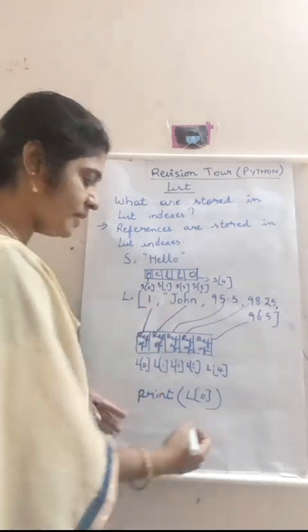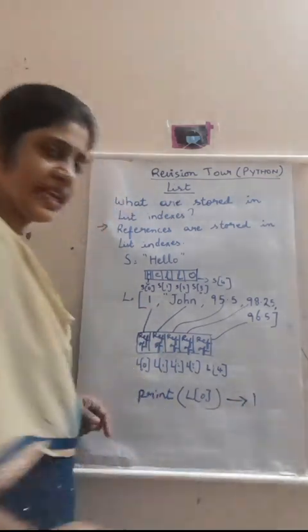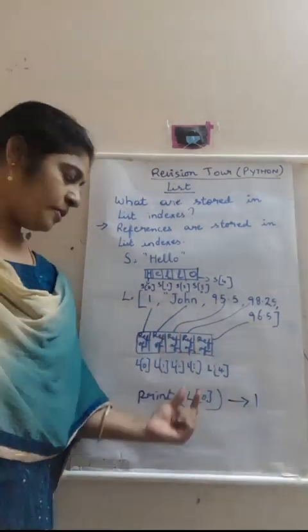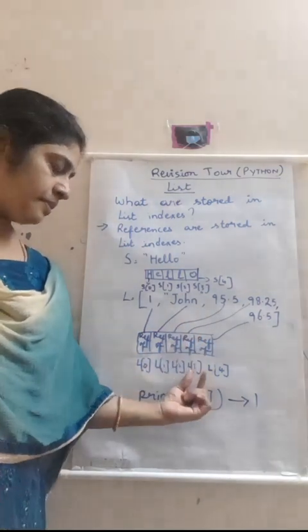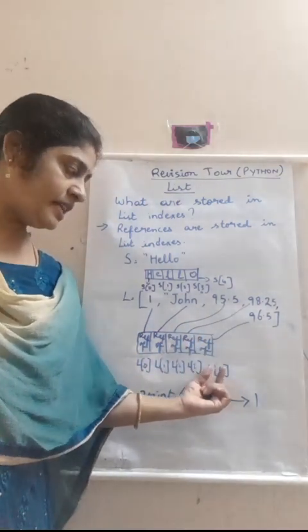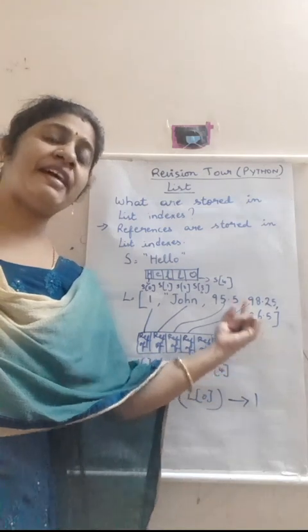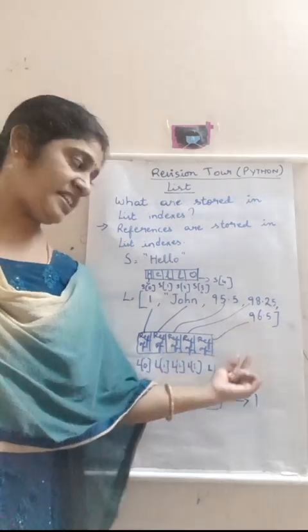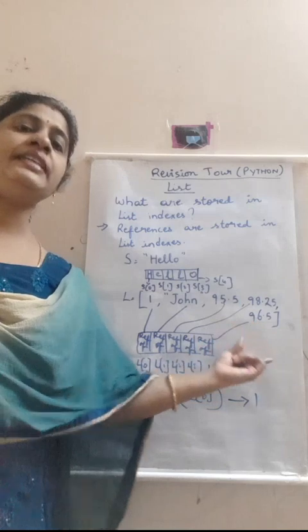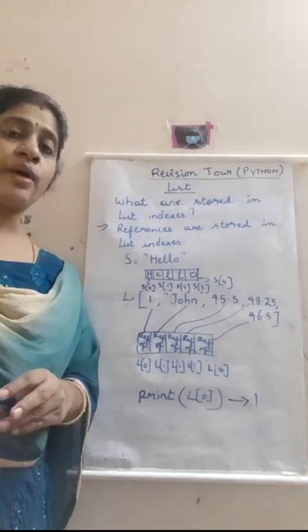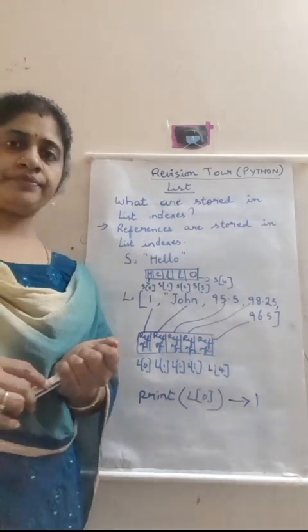That is, 1 will be displayed in this case. So when you write print L of 4, it will display 96.5. The value stored in this reference will get displayed. So this is how a list works.